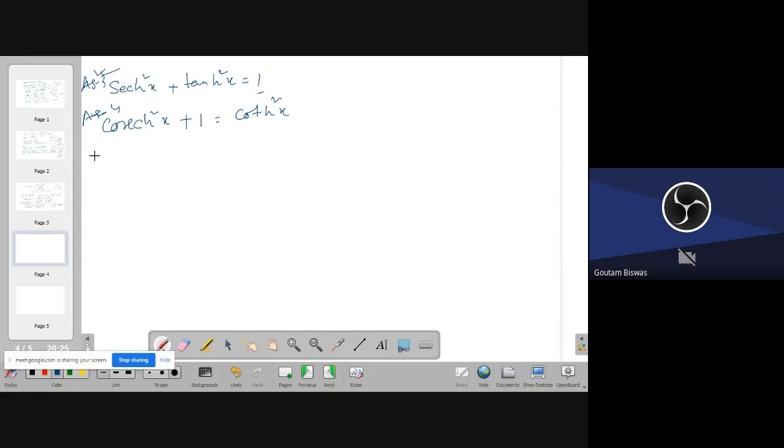Now, just come to the behavior of this function. How to judge behavior? Suppose x lies between minus infinity to infinity. Now, as x changes its values, how are sinh x, cosh x behaving?